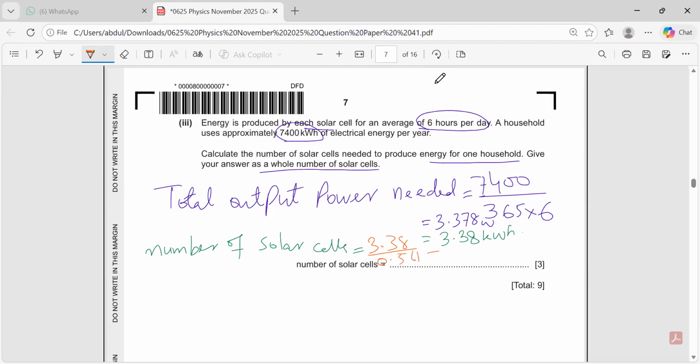As I'm dividing it, I'm getting 6.257 cells, and the answer here will be 7 cells.